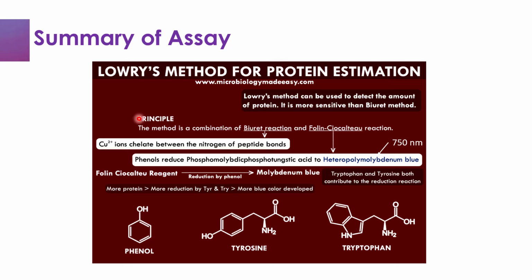Also, with the principle, the Folin-Lowry method is a combination of two reactions: the Biuret reaction, which involves the reduction of cupric ions by the peptide bonds of the proteins to form a protein copper complex, and the second reaction, which is the Folin-Ciocalteu reaction, which involves the reduction of phosphomolybdic phosphotungstic acid, which is a key component of the Folin-Ciocalteu reagent, by the amino acids tyrosine, tryptophan, and cysteine to heteropolymolybdenum blue.